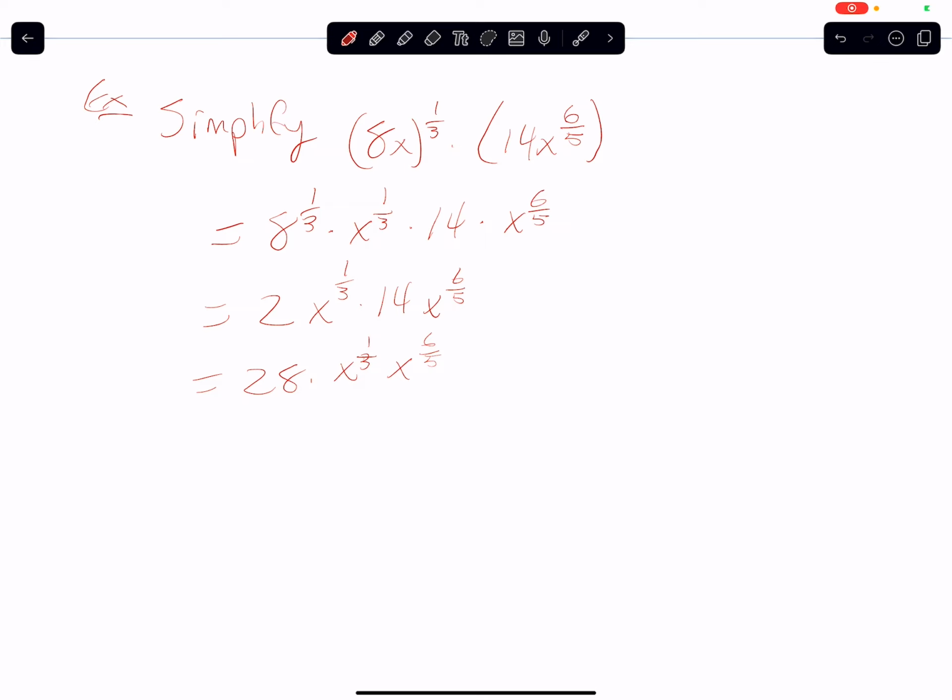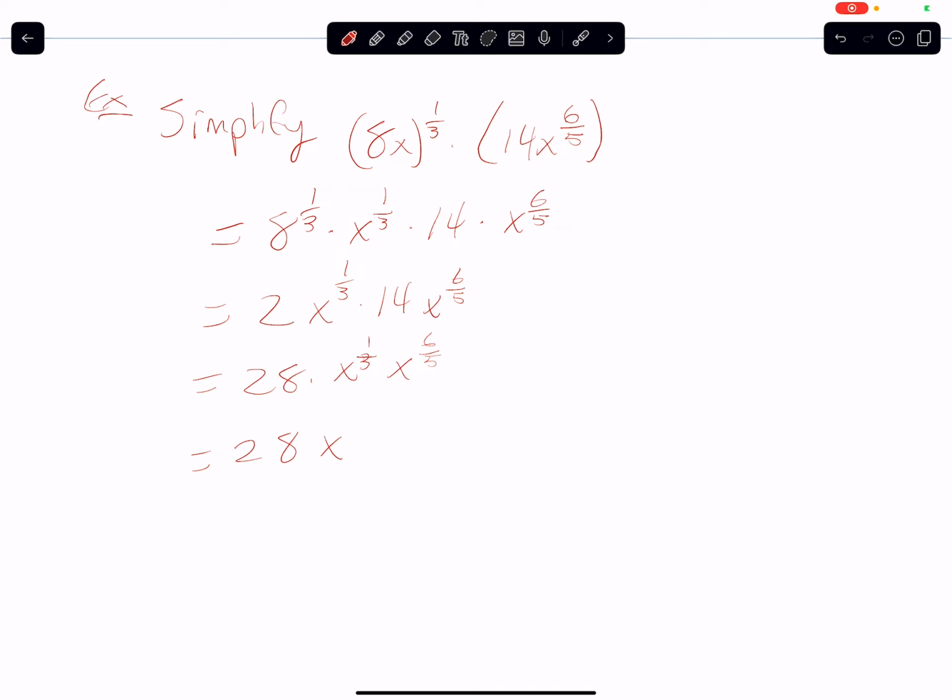Now we need to add those exponents. We need to add 1/3 and 6/5. And we can do that by finding a common denominator to be able to add those. What common denominator should we use? Well, we should use 15.